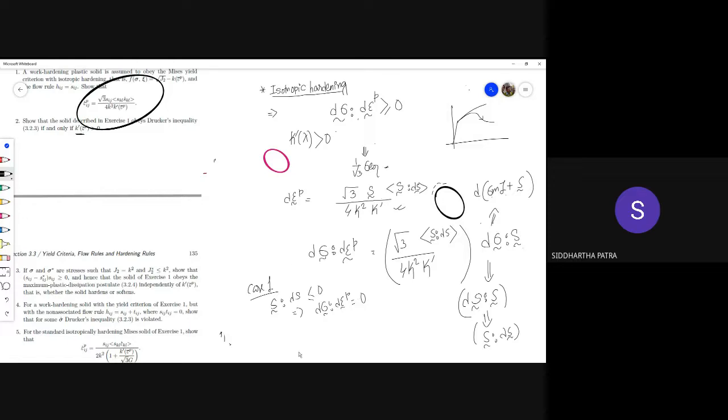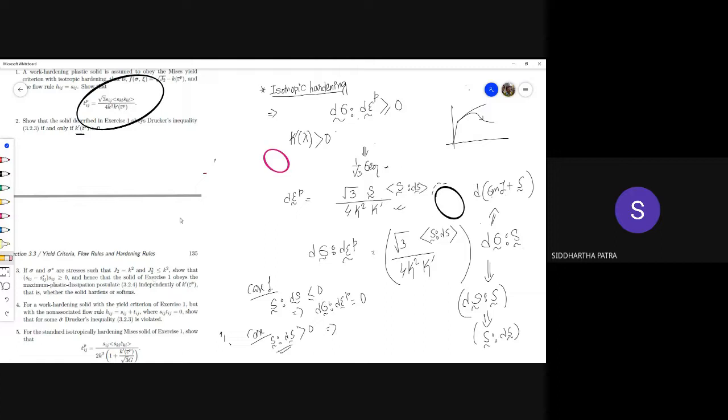The second situation, where this quantity is greater than 0, which basically means whatever is inside the Macaulay bracket, it's just the same quantity as this one, because it is greater than 0.